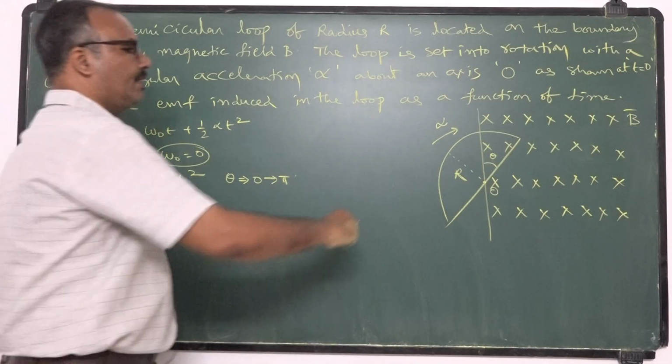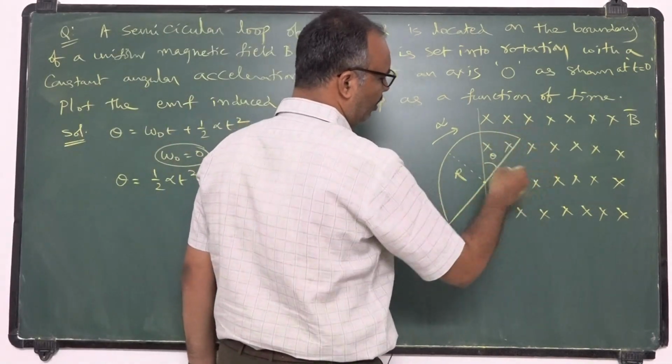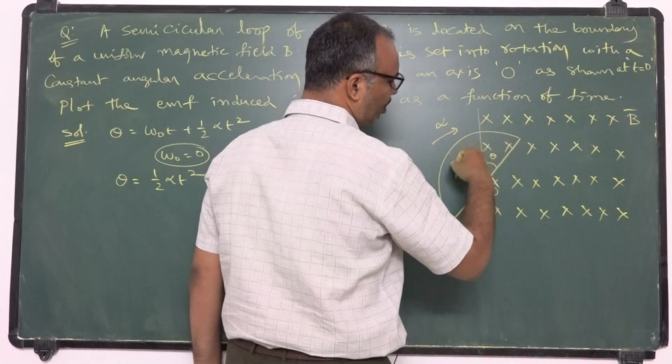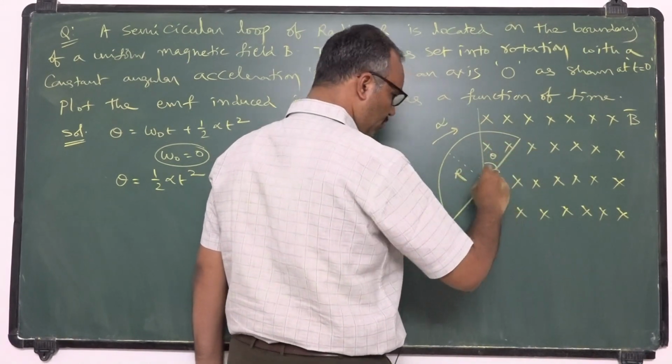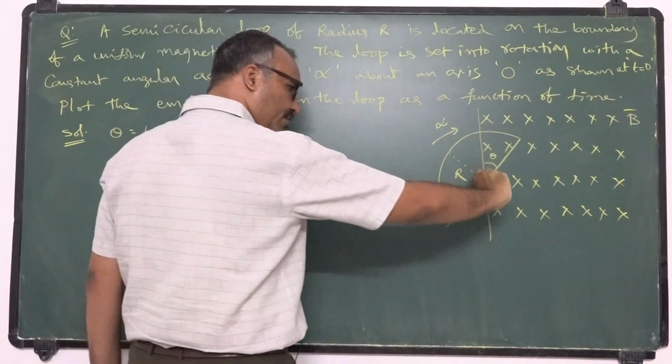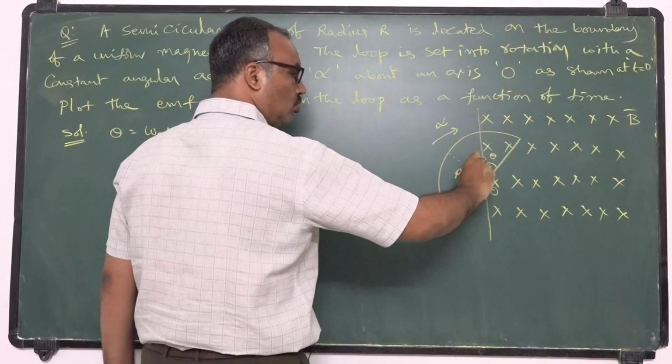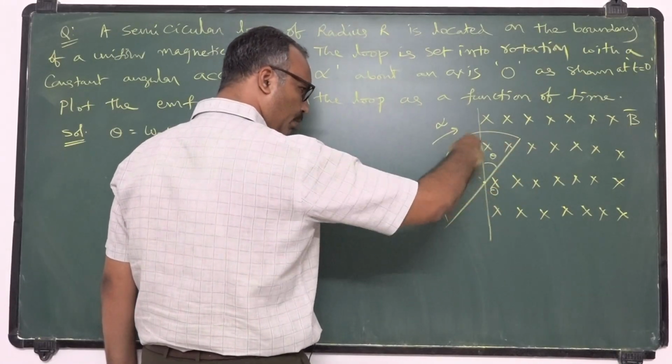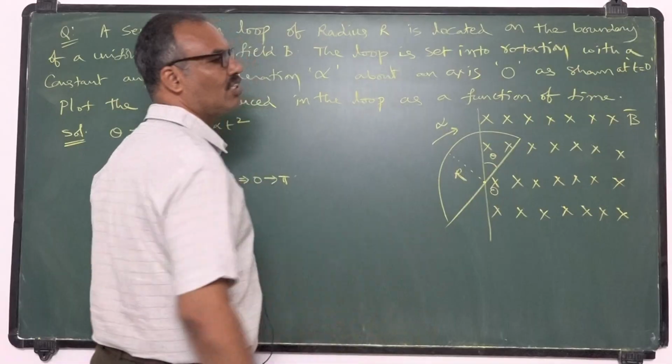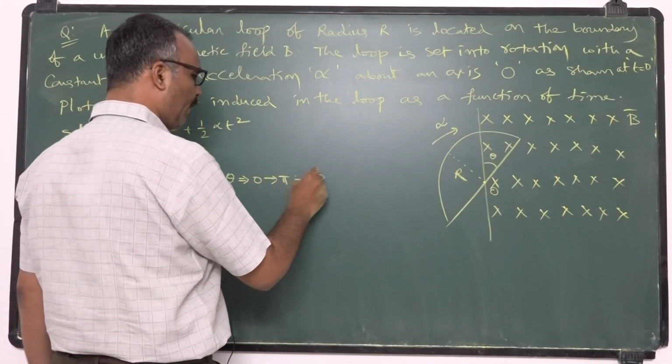As the loop is entering into the field, slowly the flux linked with the loop is going to increase from 0 to pi. Again from pi to 2 pi, the flux is decreasing with respect to time.